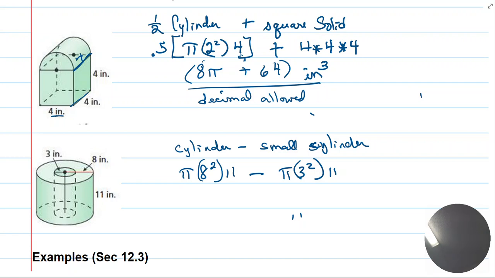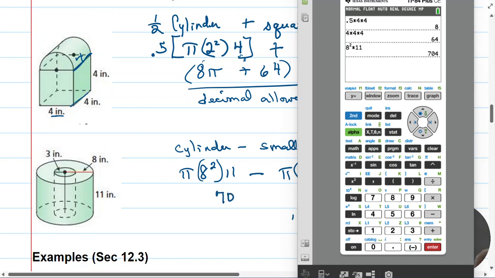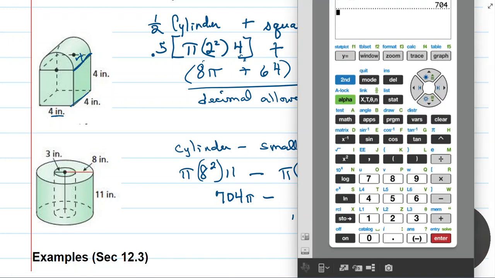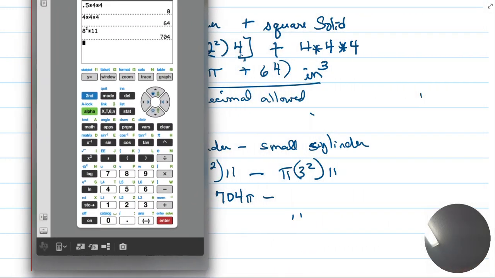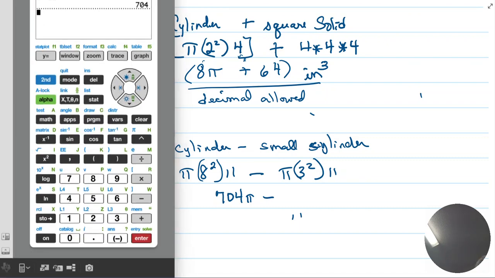Where I got the numbers? All righty then. So we're going to do a little bit of math. 8 squared times 11. And on the other side, sorry about that. On the other side, hold on just a second. No, that's better for my eyes. On the other side, I'm going to have 3 squared times 11.